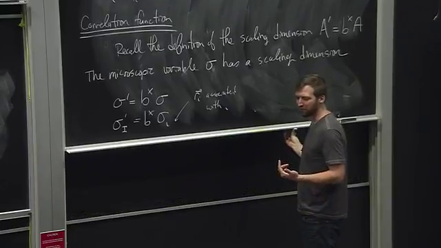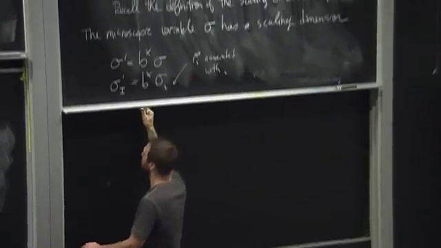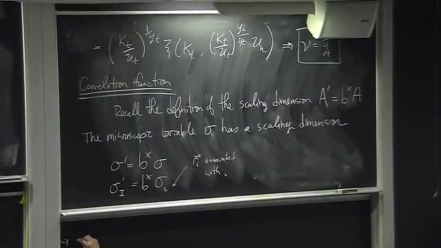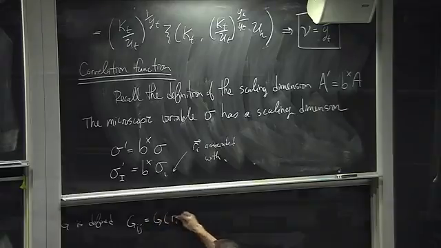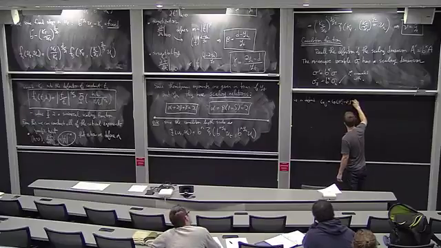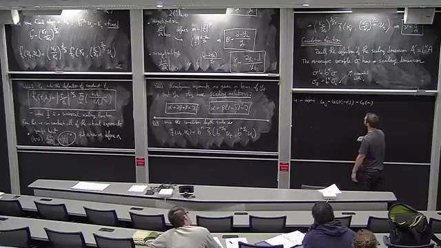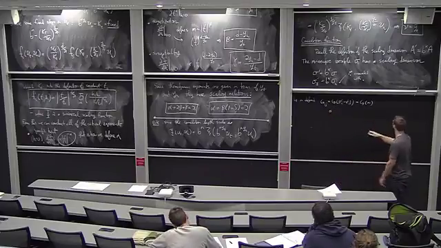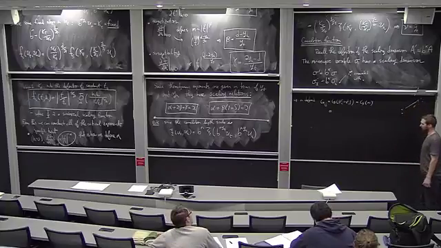Because my 2-point correlation function, G, I'll say G_ij. Now there's 2 indices. Let me assume that it's just R_i minus R_j. It just depends on the distance, which I'll call R.